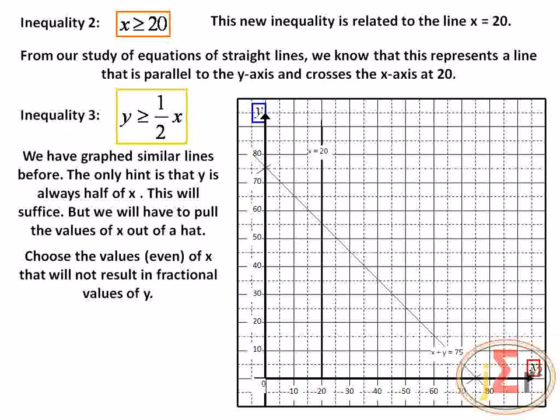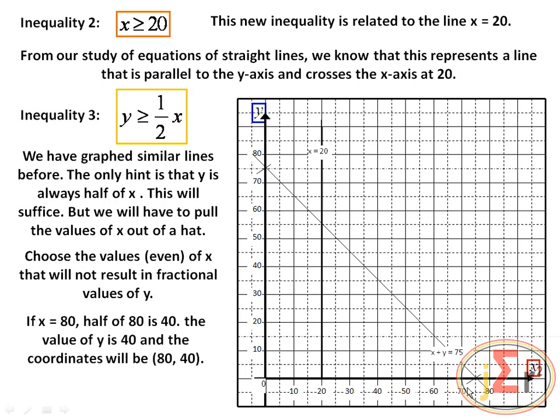So if we say x is equal to 80, then y is going to be equal to a half of 80, and we are going to plot that point. So 80, 40. If x is equal to 80, half of 80 is 40. The value of y is 40, and the coordinates will be 80, 40.